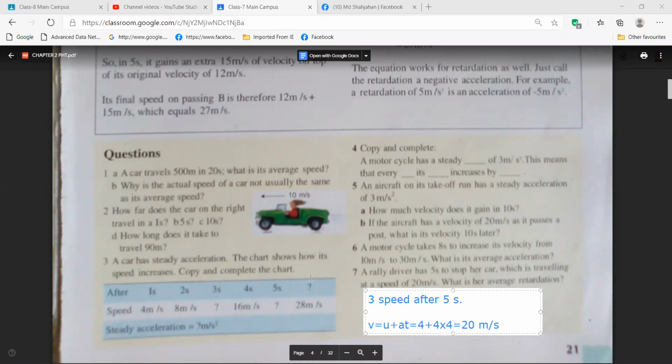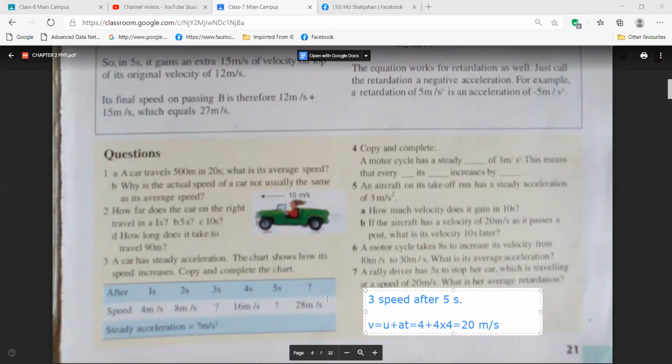Now, what is the time taken for the speed to be 28 meter per second? So what is the answer for it? Pongti, did you find the time? Ruhi, Saleha, Sadika.